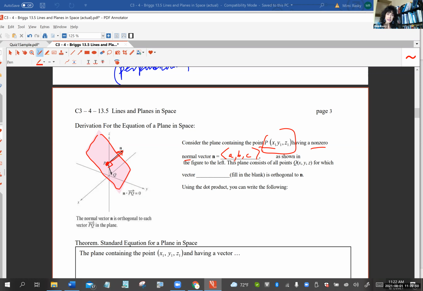The plane consists of any arbitrary point Q, and they put a point here, Q, but Q can live anywhere on this plane as long as it's on there. We'll give it some arbitrary coordinates x, y, z, for which the vector PQ is orthogonal to that normal vector N. So what do we need to have happen?